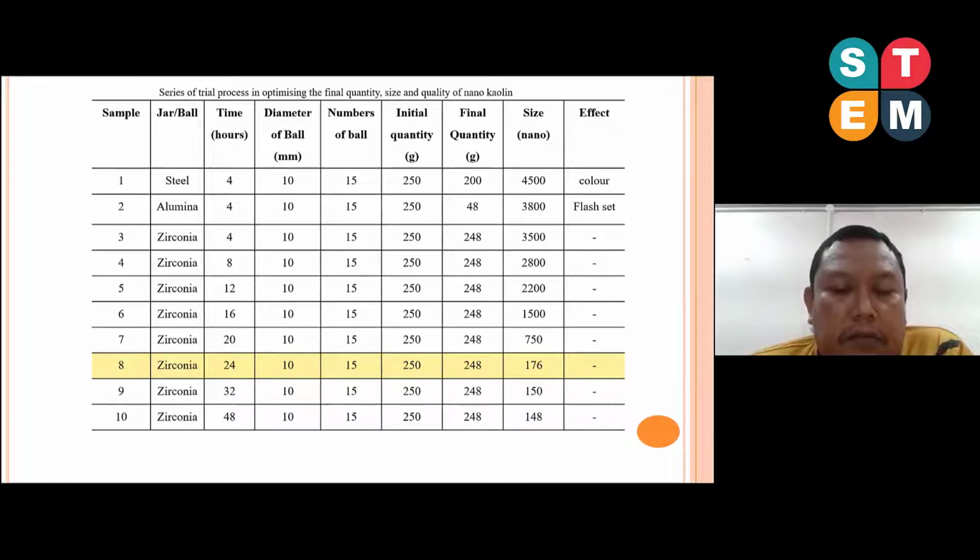Based on this table, to achieve the targeted size for this nano cement paste, we need 15 balls with a diameter of 10 mm, and the hours needed to transform from micro to nano is 24 hours. The exact size that we managed to reduce the nanokaolin to is 176 nanometers. Okay, right.